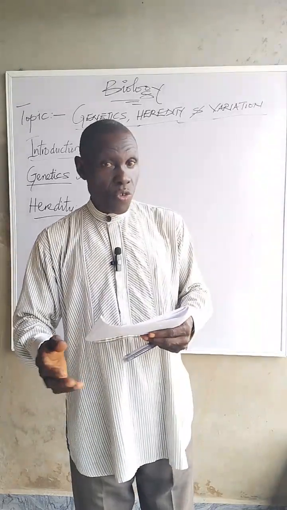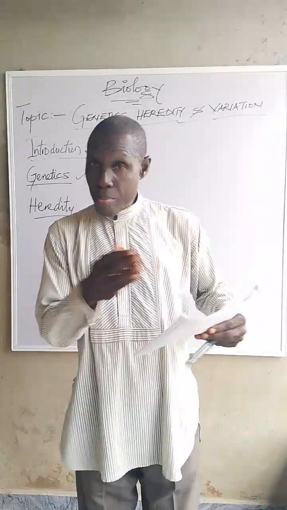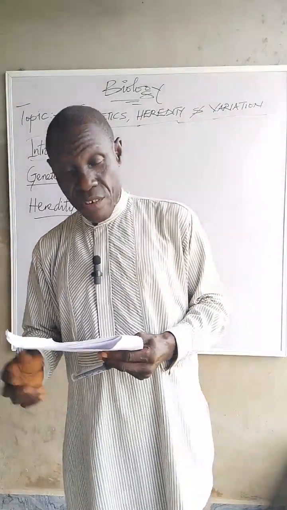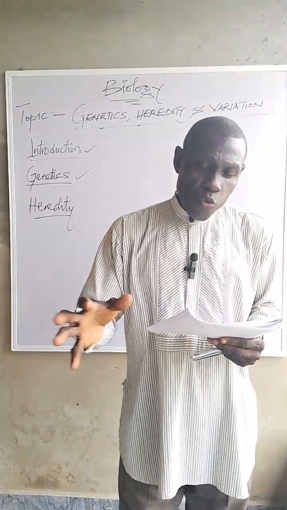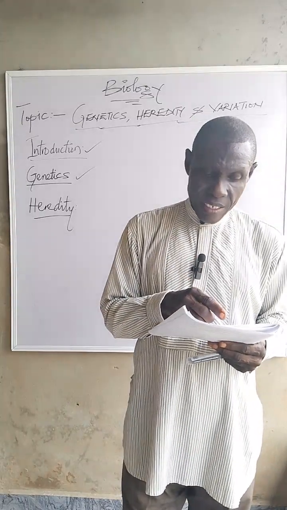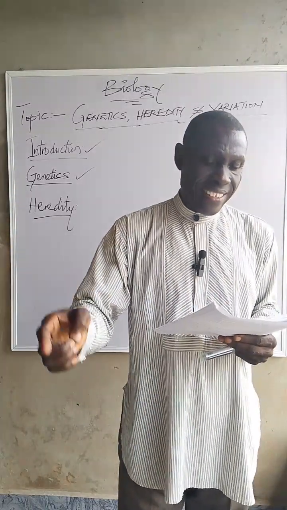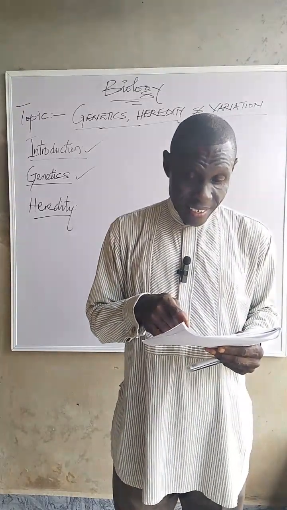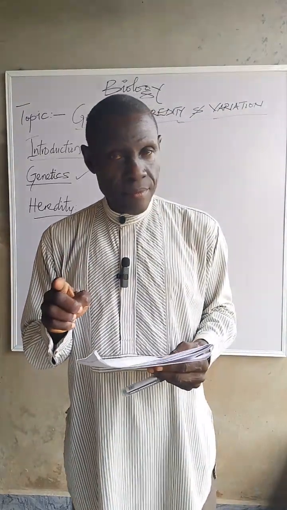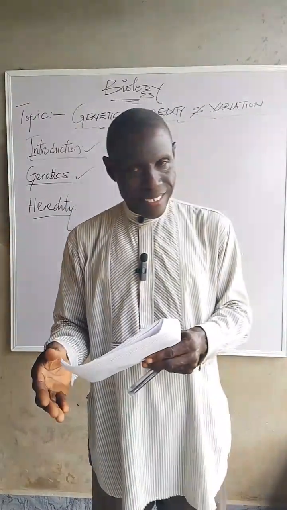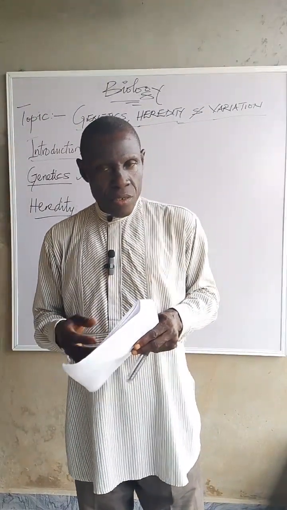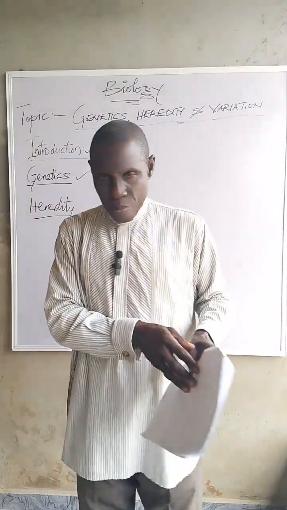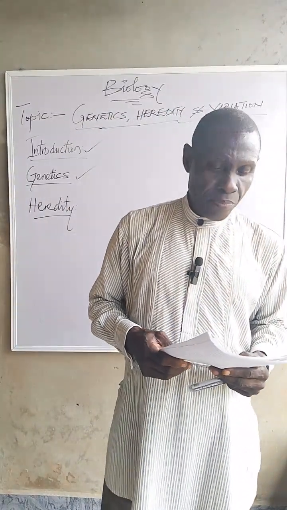These are characters, or we call them traits, from parents to the children, which we call the offspring of living organisms. Now, in other words, the ways and manners in which characters or traits are inherited from parents is known as what? Heredity. The way and manner characters or traits are inherited from parents to offspring is called heredity.